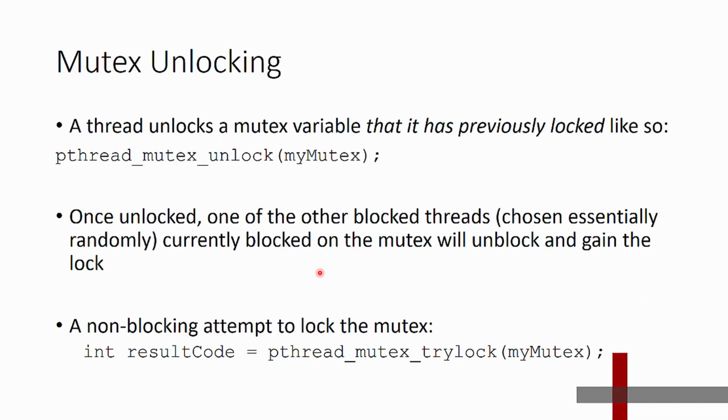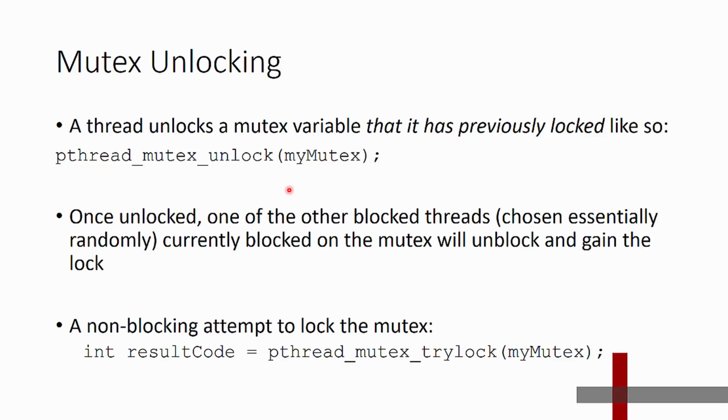To unlock it, the thread that had previously locked that mutex variable calls the unlock function. And just like that, that's it. Then the lock is removed for that mutex, and that variable becomes available for something else to lock later. However, if there were other threads, or other instances of lock functions that had been run on that mutex, then essentially one of those gets chosen randomly to unblock and begin running again.